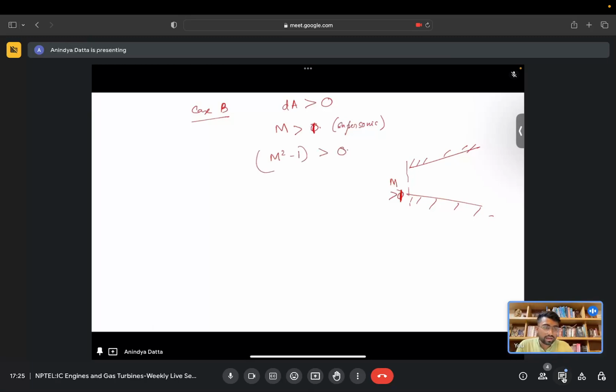So going by the area velocity Mach number relation, the left hand side dA is positive and M square minus 1 is positive, so dV also has to be positive, which means that velocity is increasing. It is acting as a nozzle. So when we have a supersonic inflow, a diverging passage acts as a nozzle.